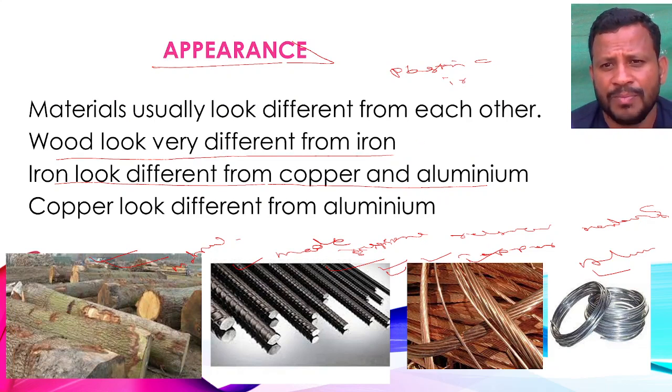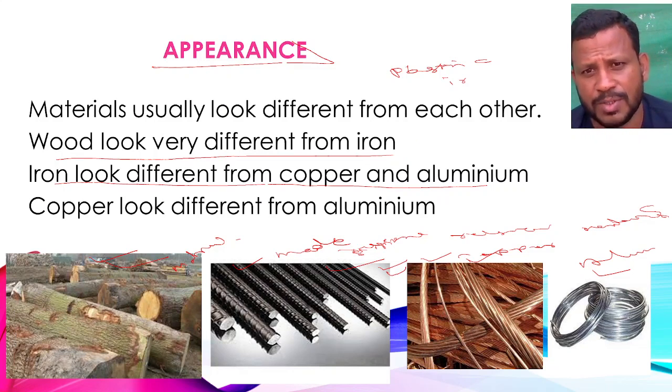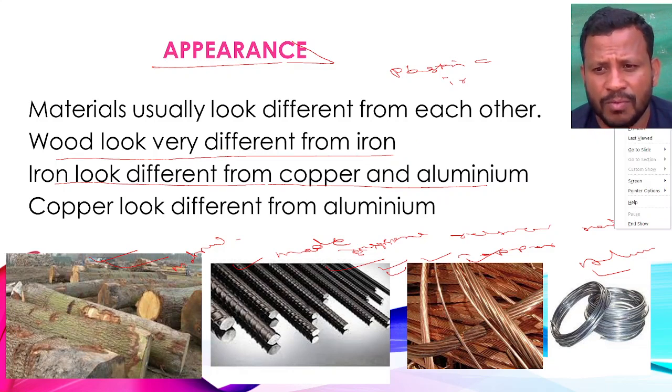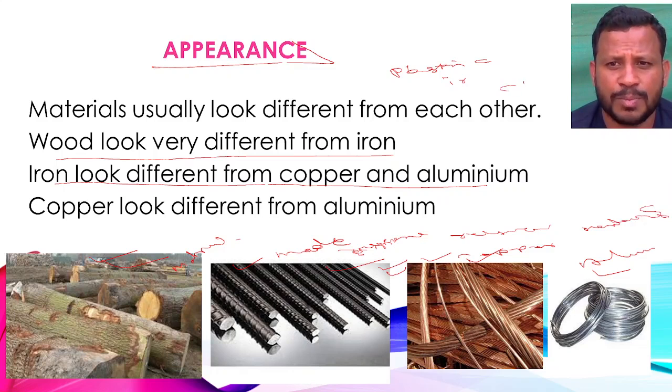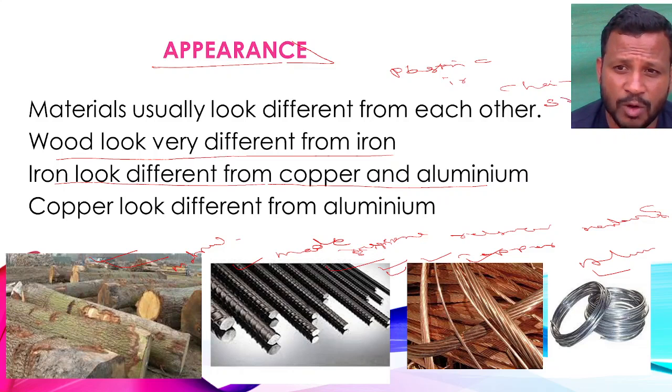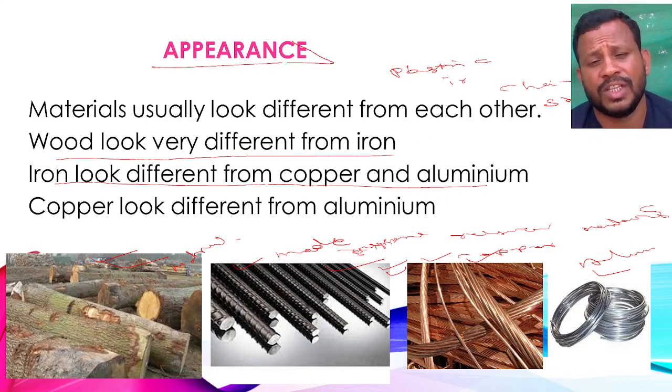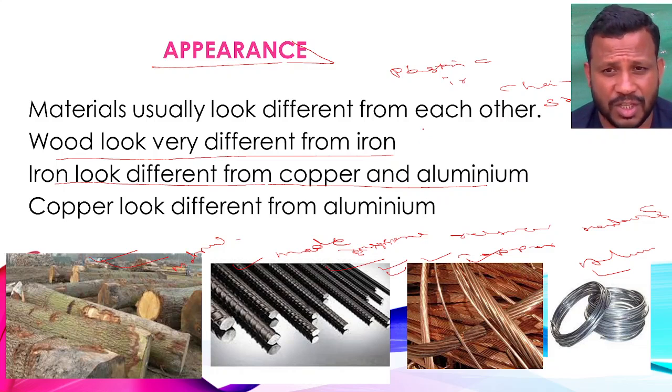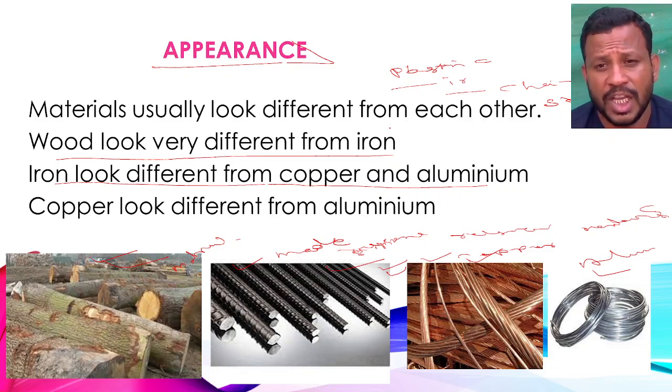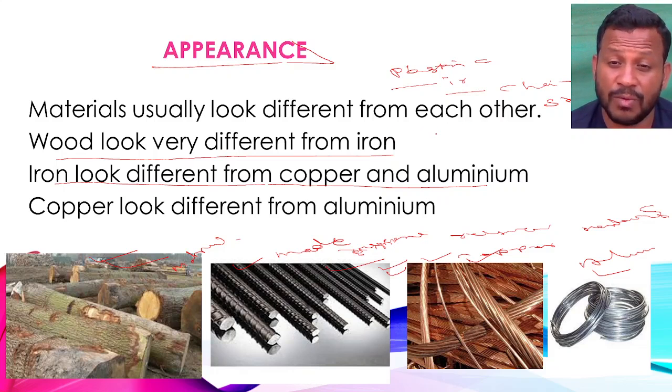We can give them different sizes and shapes. You see a lot of chairs prepared from plastic, and we also see chairs prepared from iron or steel. Just take plastic and iron as an example. If we see the things in our home, they are made of different types and are very different from each other.